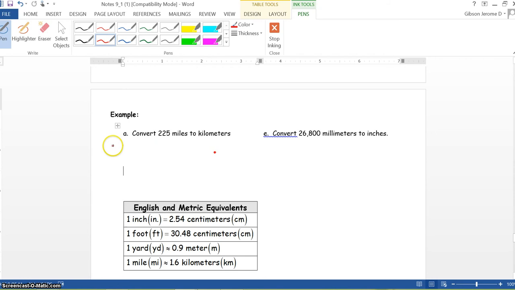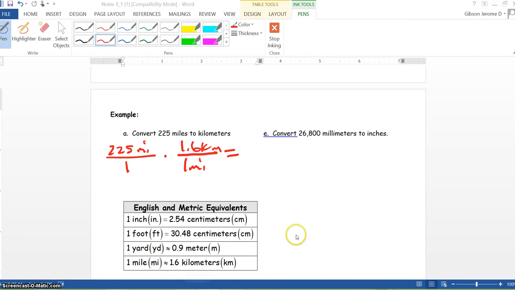So what we would need to do here, we would take 225 miles, and we will put it over 1, and we will multiply it to, now we want to go from miles to kilometers. Now you see here we have 1 mile is equivalent to 1.6 kilometers, or approximately. So we will put 1 mile, and we will have 1.6 kilometers. Now we will multiply this.